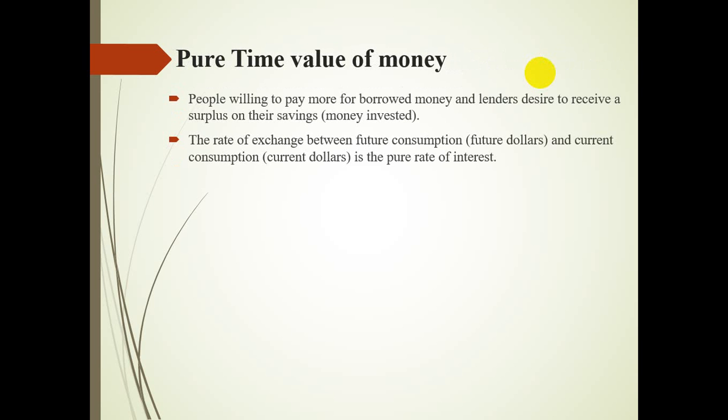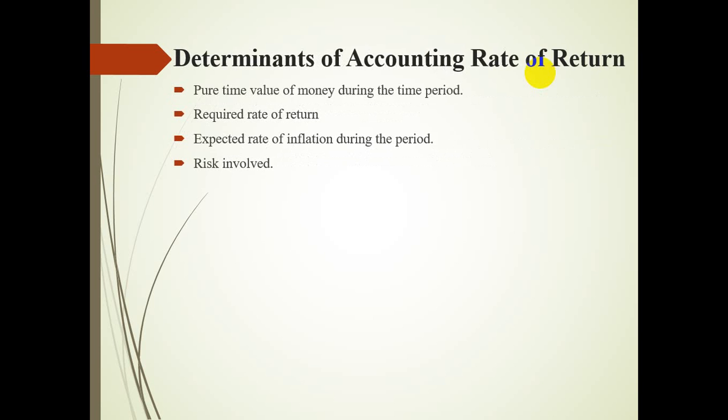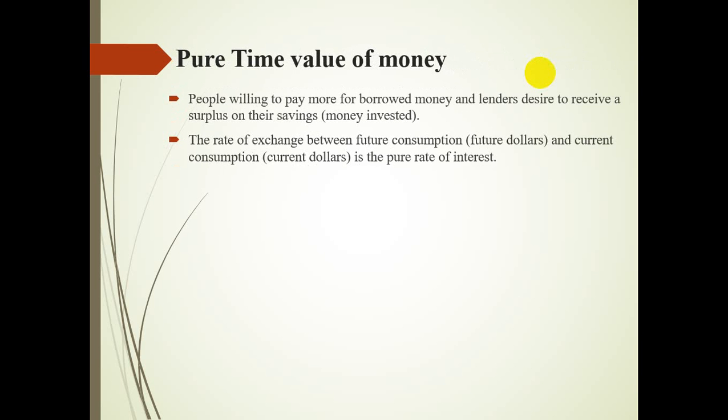So what is the pure time value of money? It is the amount of interest, or the percentage of surplus, that you receive on current money for the future. That is what we call the pure time value of money. Time value of money means that 1 rupee of today is not equal to 1 rupee of tomorrow.